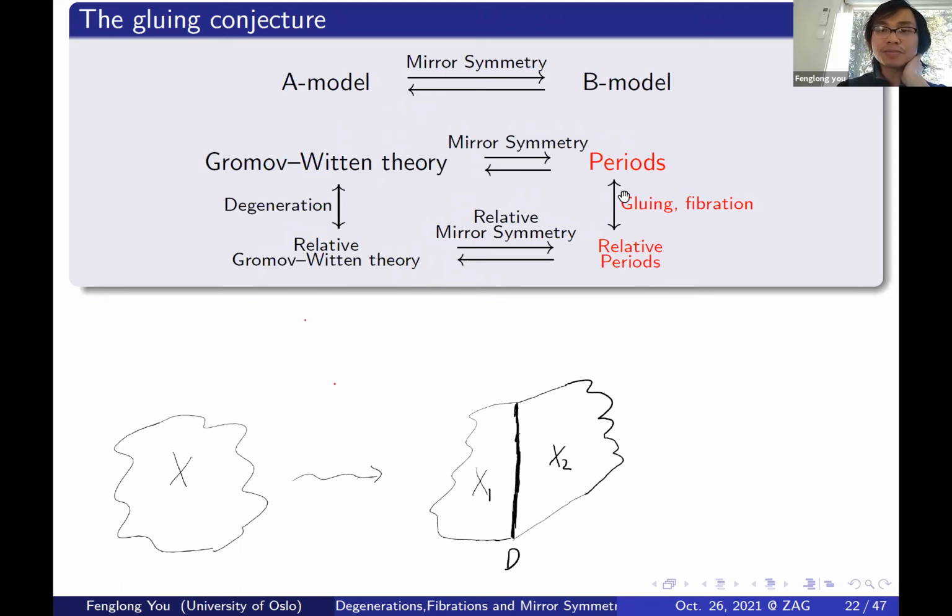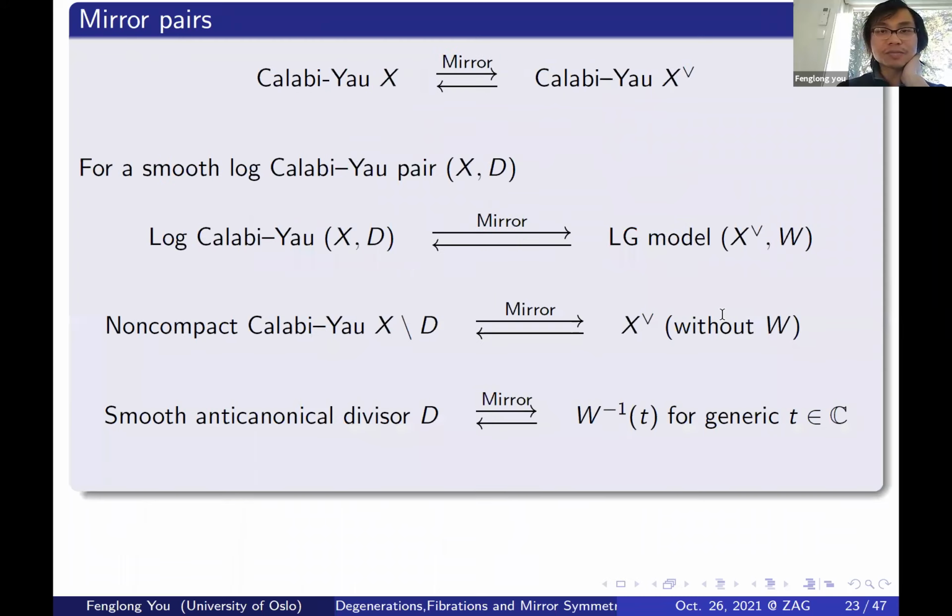And for this vertical line, it's maybe easier to understand. Before we talk about this relation between periods, let me remind you of the relation between a variety and its mirror.